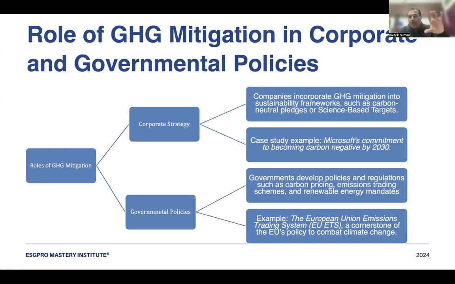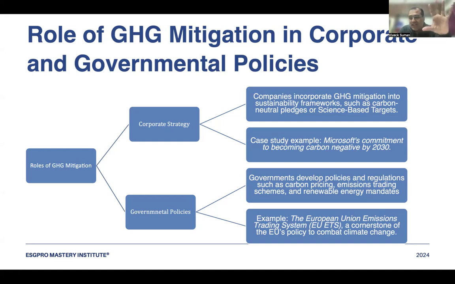So if you want to develop a corporate strategy, you have two ways you can do it. First of all, you can learn it by understanding that corporates generally incorporate GHG mitigation into their sustainability or ESG practices through having a pledge of becoming carbon neutral, or they accept science-based targets.